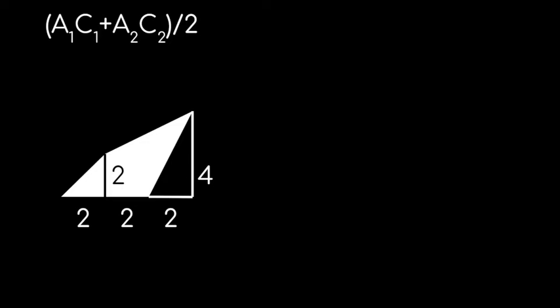So altitude 1 is just going to be 2. Combined length 1 is going to be 2 plus 4 here. So this is actually 4 to the second point. So it's 2 plus 4, that's 6. And then altitude 2 is going to be 4.